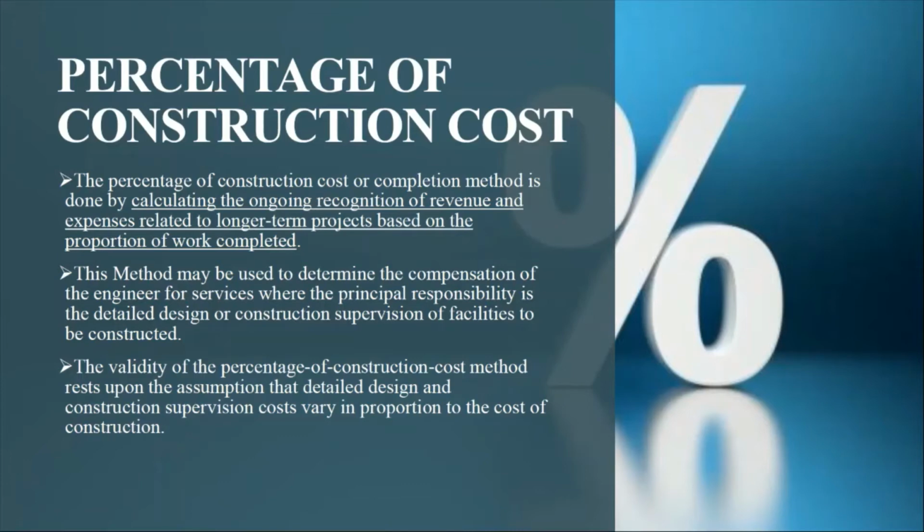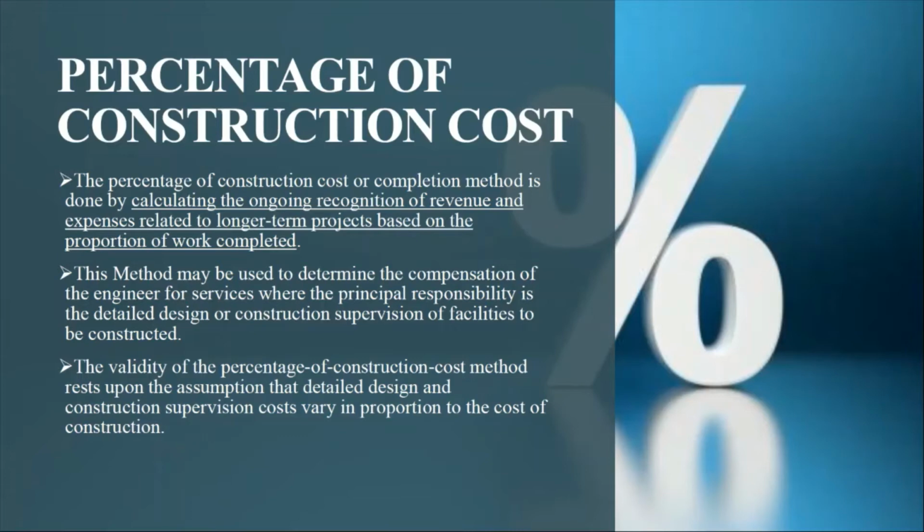These correlations have resulted in various curves and schedules which may have been widely used by different engineering firms that handle construction designing as well as supervision of the construction site. So the validity of the percentage of construction cost method rests upon the assumption that the detailed design and construction supervision costs vary in proportion to the cost of the construction.